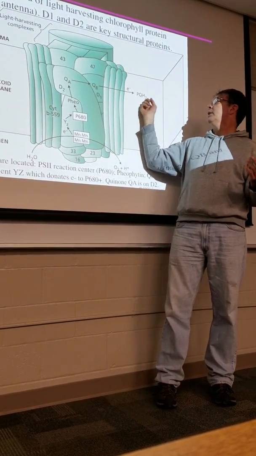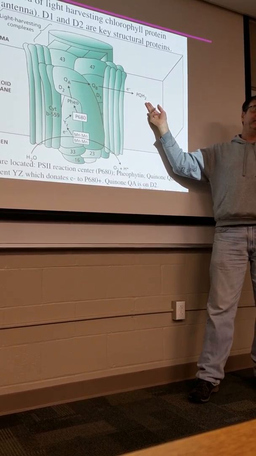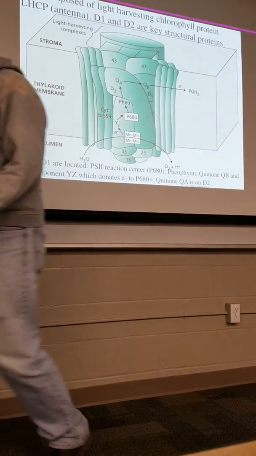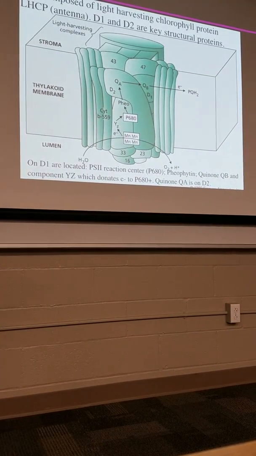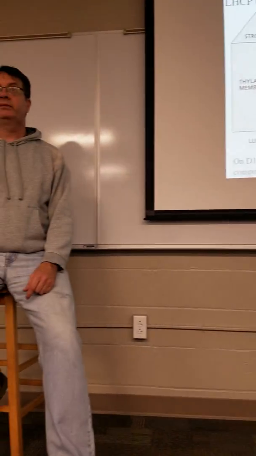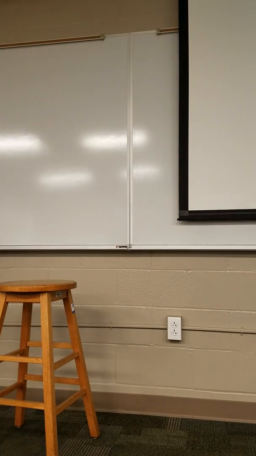And so usually when we talk about quinone, we talk about the fully reduced version. And so QA and QB is simply an easy way to differentiate between those redox states. Plastoquinone leaves.